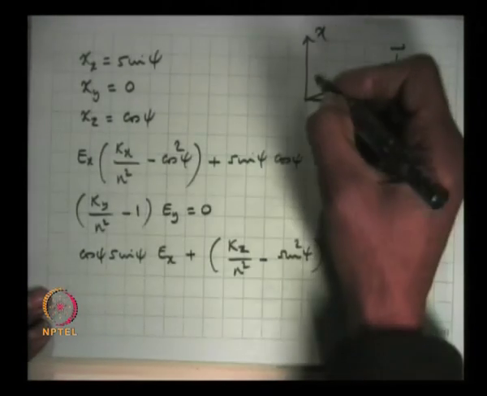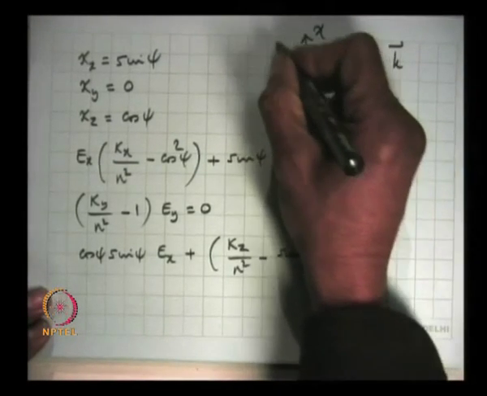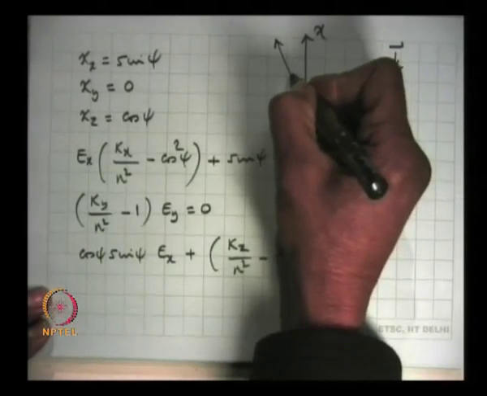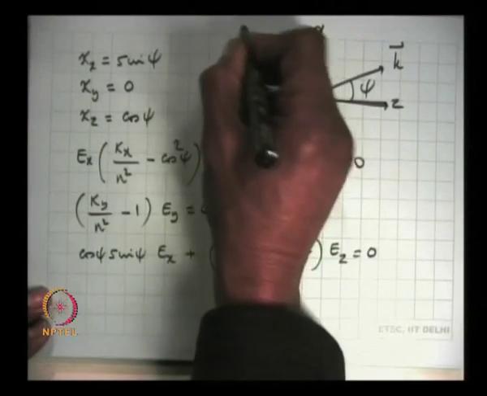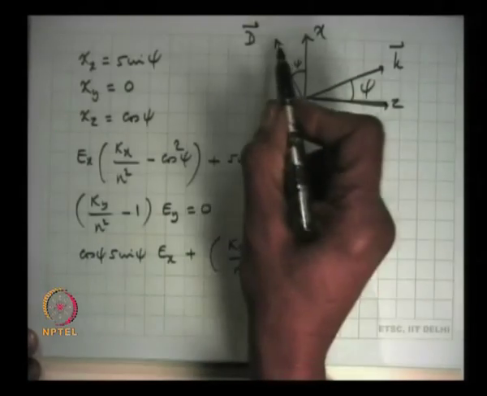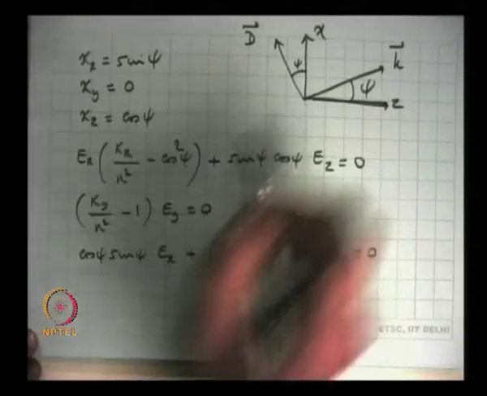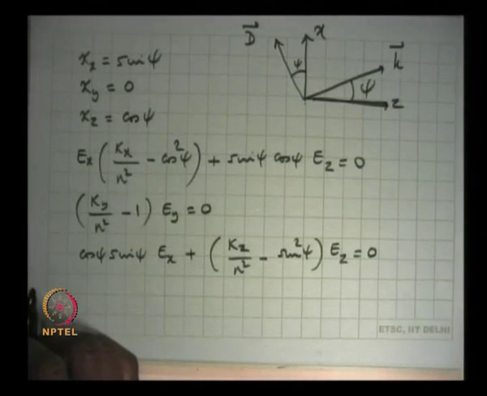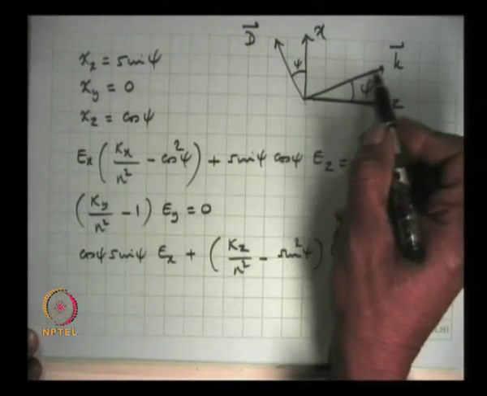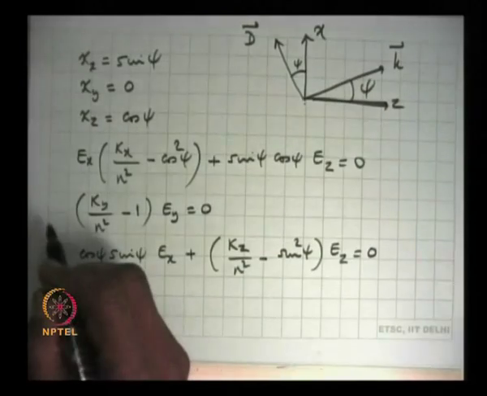It is a vector perpendicular to this k vector and this angle is psi. Dz by Dx is minus tan psi. This vector has a slope tan psi, this vector has a slope minus tan psi.